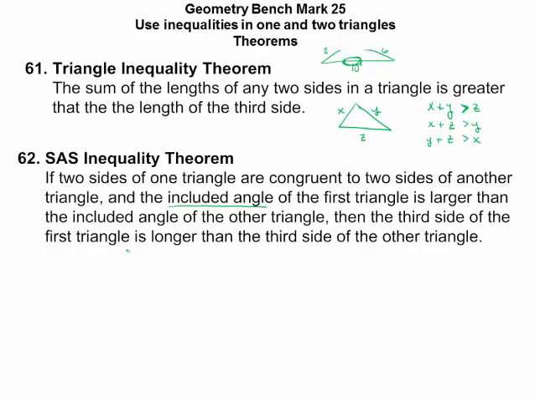So basically it says this: if I have two triangles, and this side is the same as these sides, but angle 1 is bigger than angle 2, then side x will be bigger than side y.